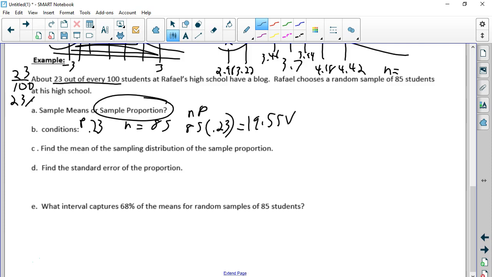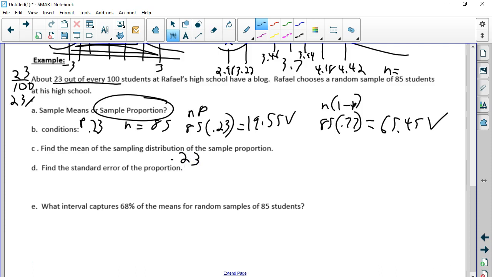Then we have to do n times 1 minus p. So 85 times $1 minus 23 cents, which is 77 cents. And that works out to be 65.45, which is definitely bigger than 10. So our conditions have been met. The mean is 0.23. That's the percentage changed to a decimal.